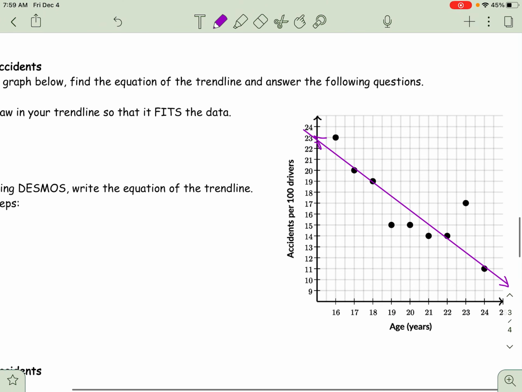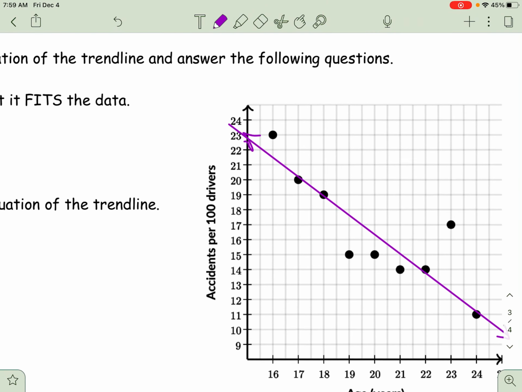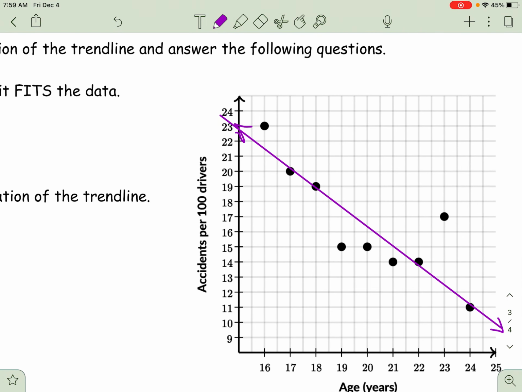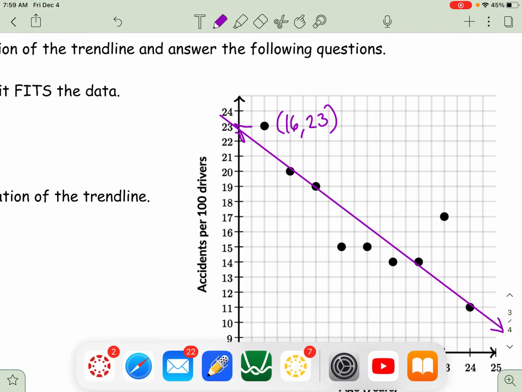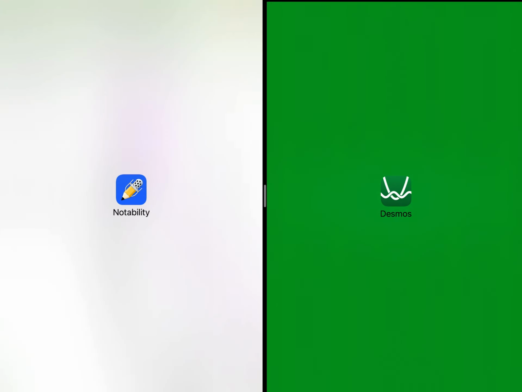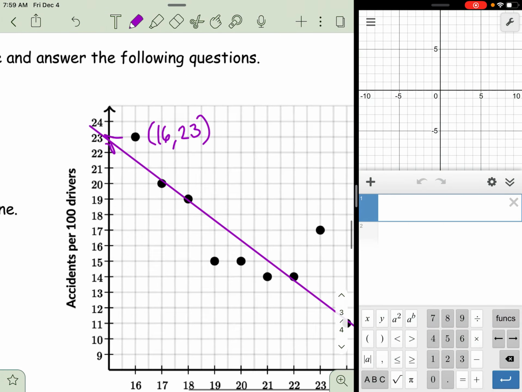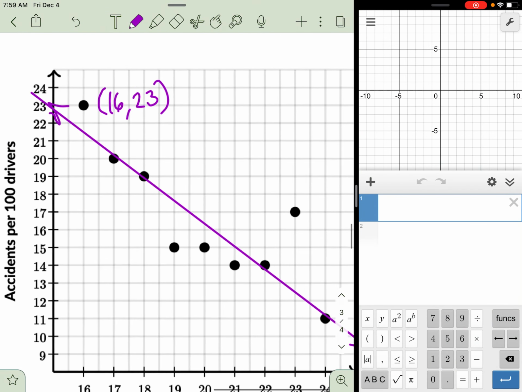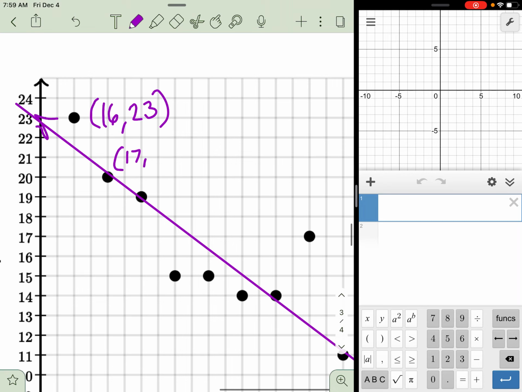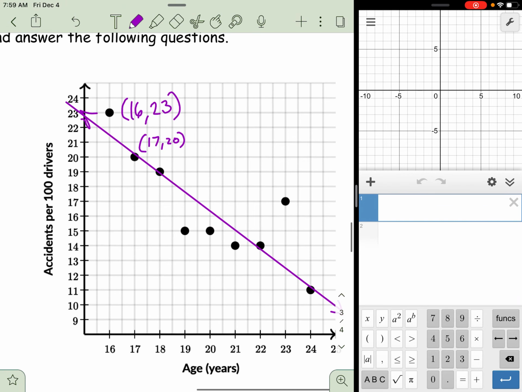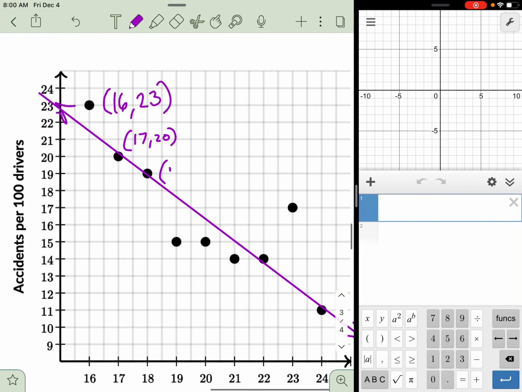In order to do this, we are going to fill out a table. We have to start listing all of our points because we're going to put those in a table. I'm going to open up Desmos and move it off to the side for a sec. So the first one is 16, 23. The next point looks like it's 17, 20. Next one is 18, 19.